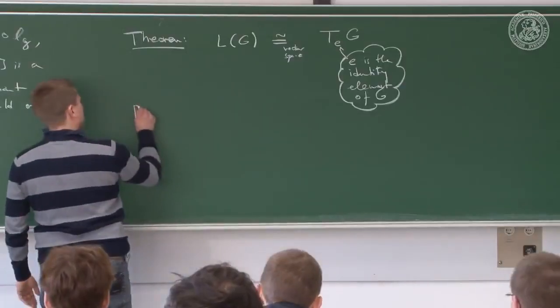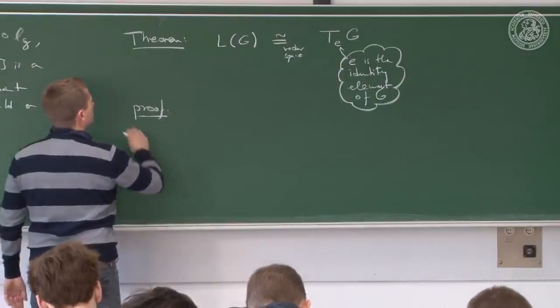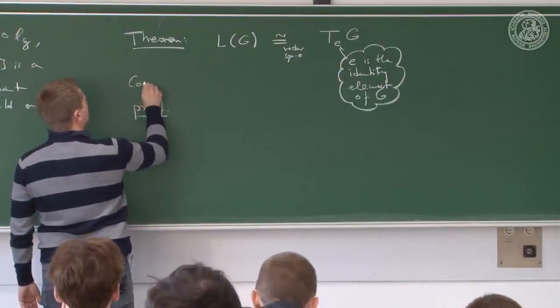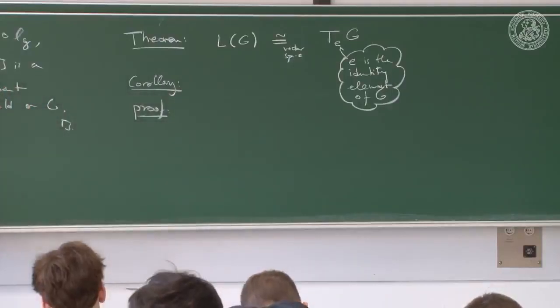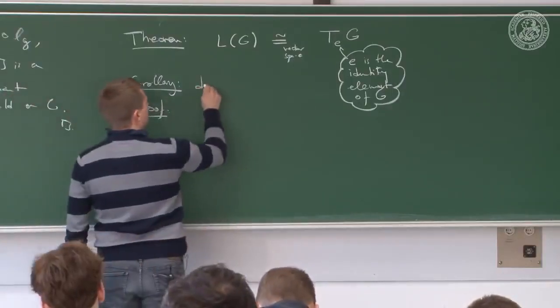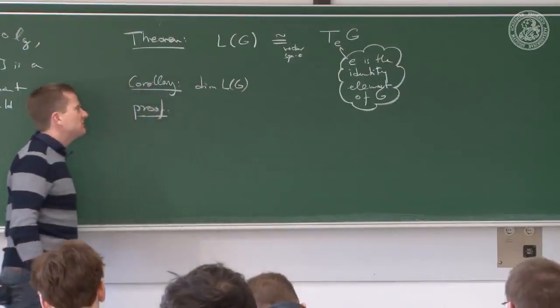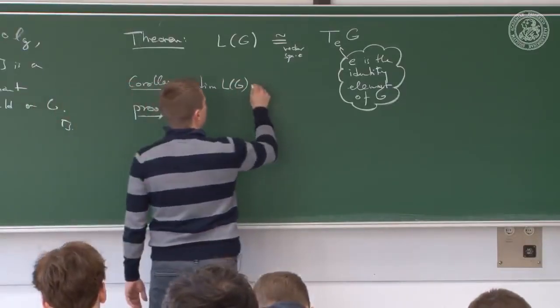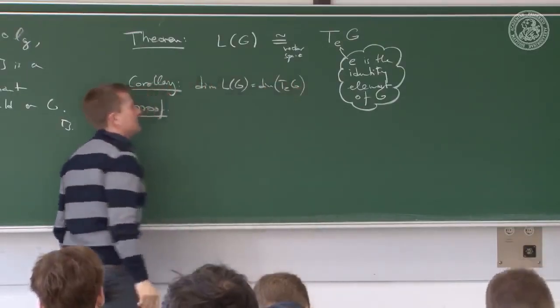Okay, proof. Well, before we prove it, I can immediately write the corollary. So if this is true, if we're able to prove this, it follows, of course, that the dimension of the Lie group, the vector space dimension, is, of course, the dimension of the tangent space of the Lie group at the identity.